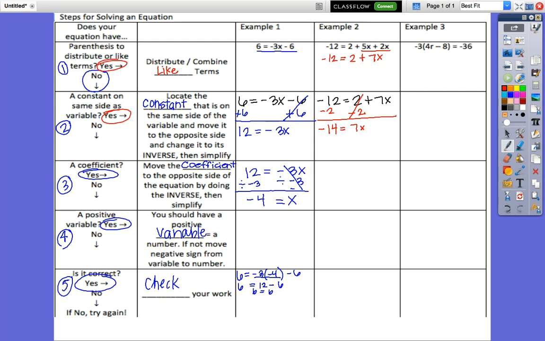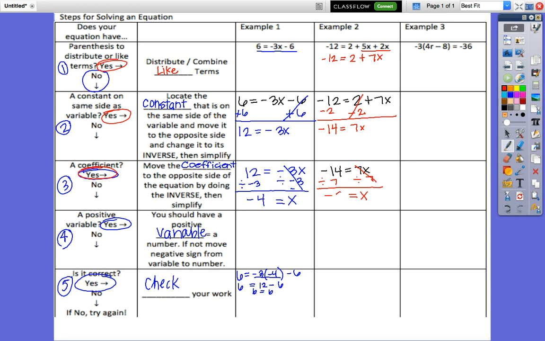Now, question 3 says, do I have a coefficient, which is a number in front of the variable? And I do, so I'm going to do the inverse of that coefficient. The coefficient is being multiplied to that x, so the inverse of multiplication is division. So I'm going to rewrite my problem in this step, and I'm going to divide both sides by that 7. 7x divided by 7 just leaves me with that 1x.